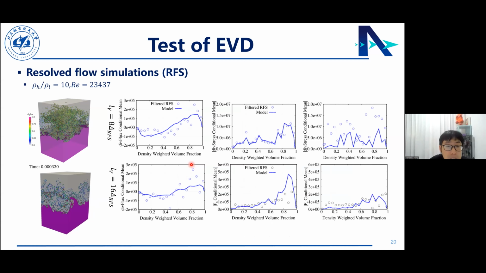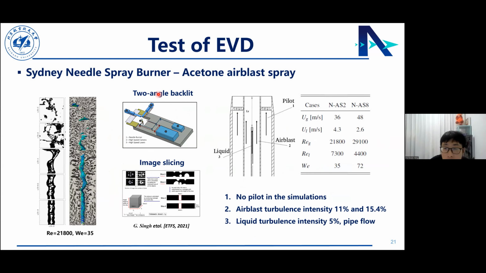The first test case is the Sydney needle spray burner, the acetone air-blast spray. This is the image of the spray, and this is our LES result. The Reynolds number is 21,800, and the jet Weber number is 35.